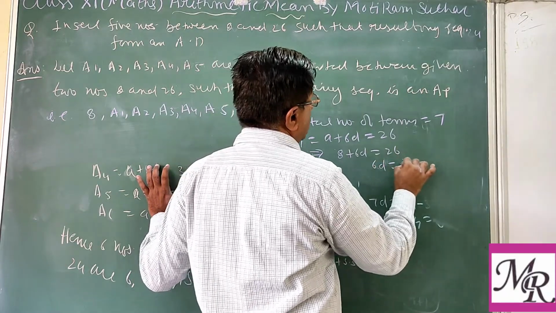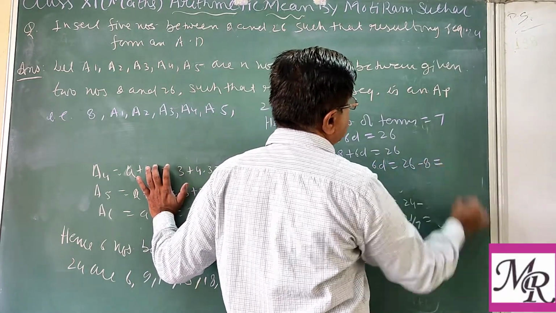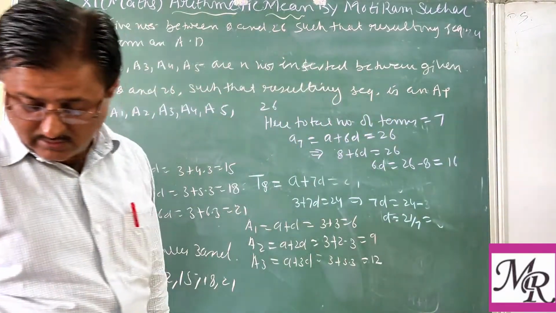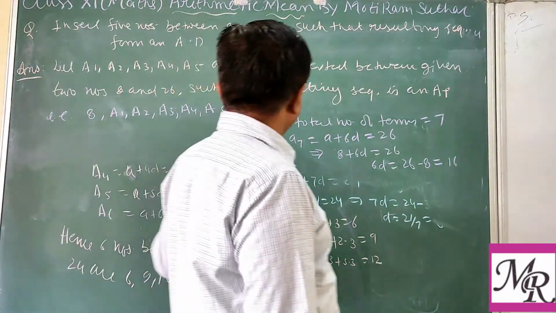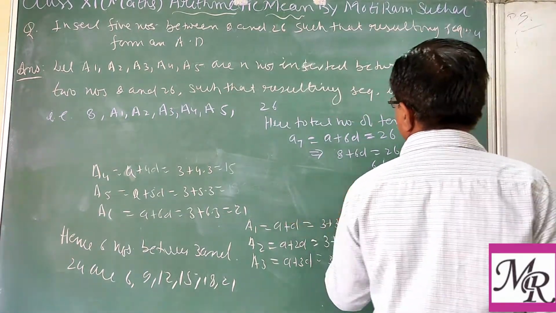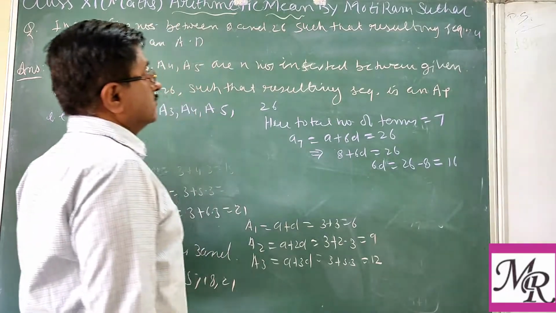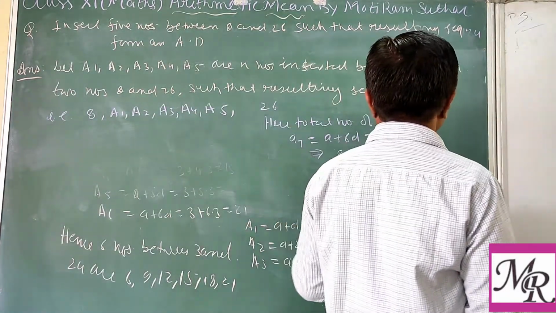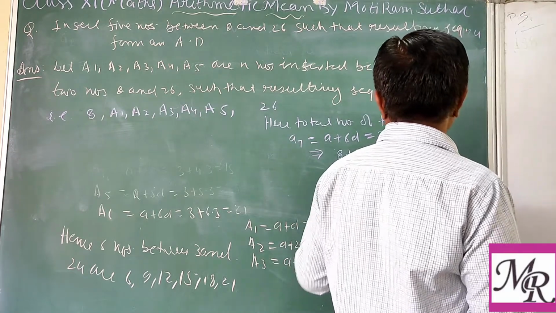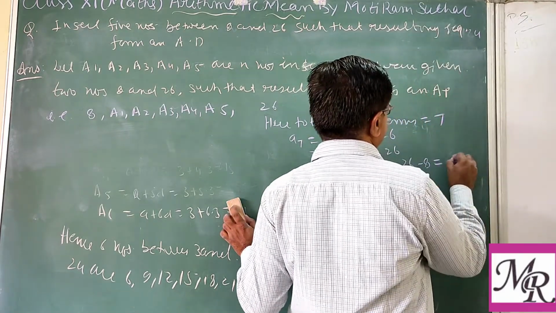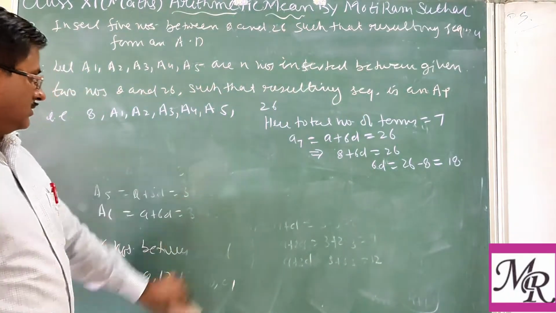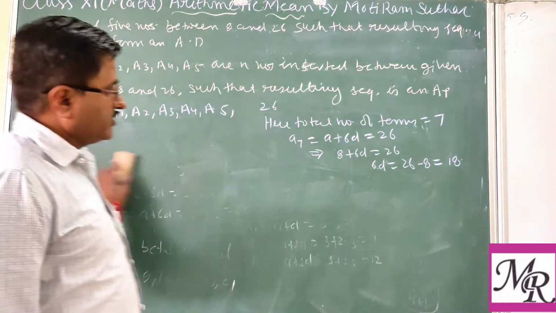So 6D equal to 26 minus A, that is 6D equal to 26 minus 8.